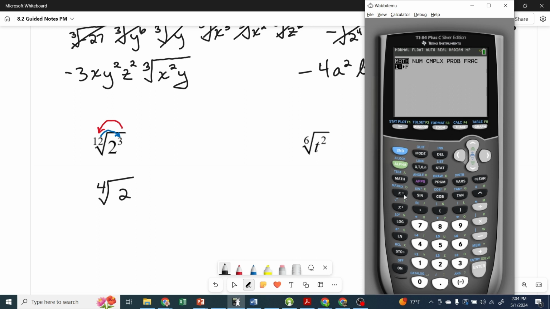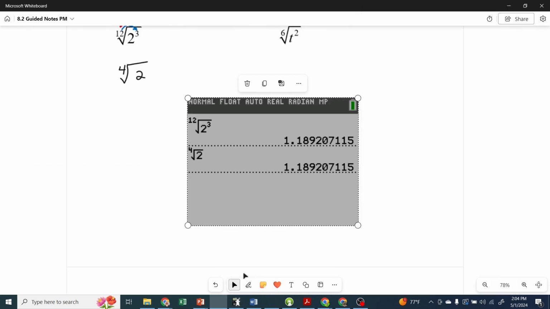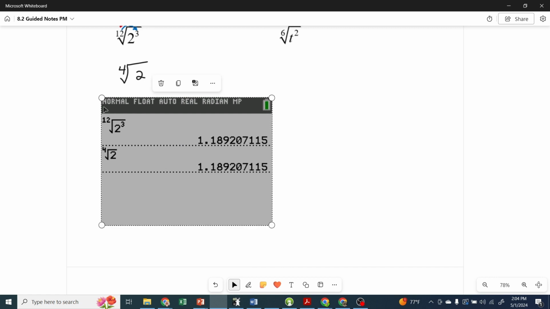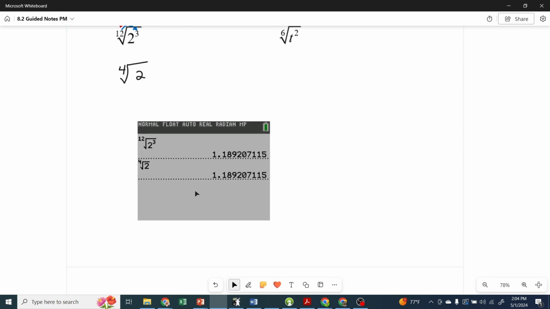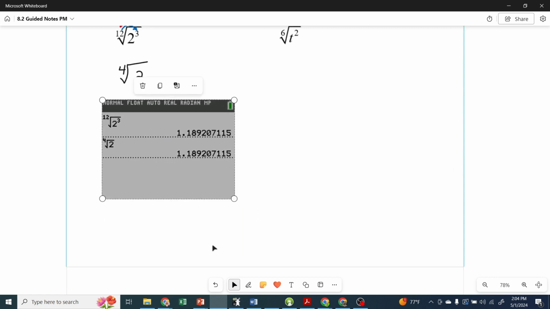If I do my math button again and go down to number 5 and put the fourth root of 2, I get identical values. So we can see that those are equivalent.